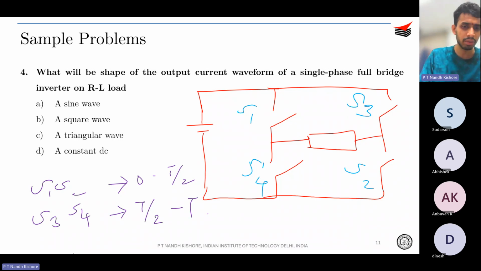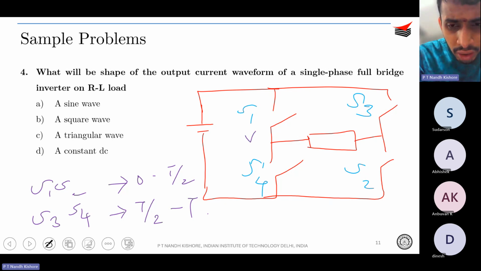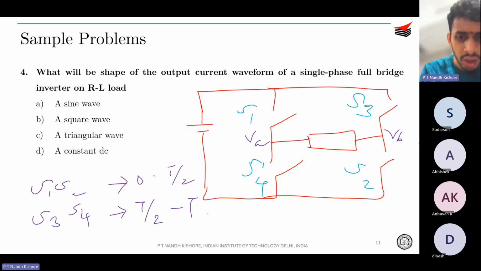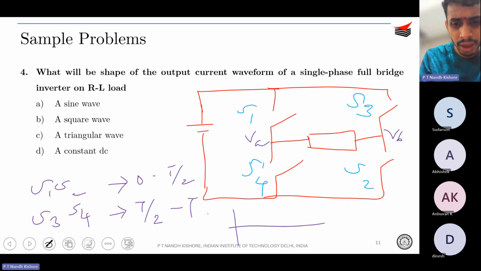Let me name this point VA and this point VB. So how would my VAB look like? My VAB would look something like this, correct? So this is my VAB.